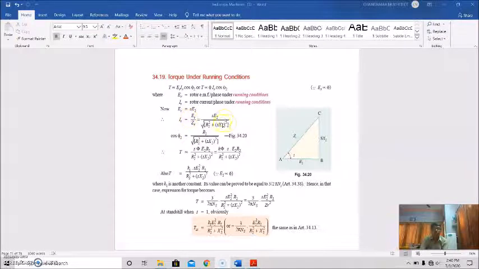IR is the rotor current, and cos phi 2 is the rotor power factor.